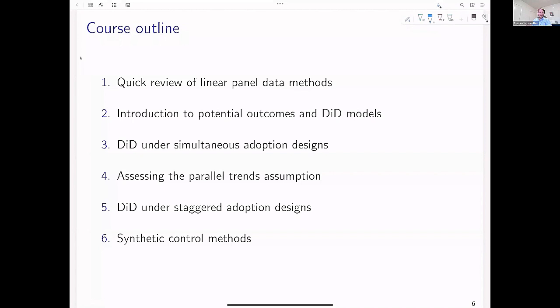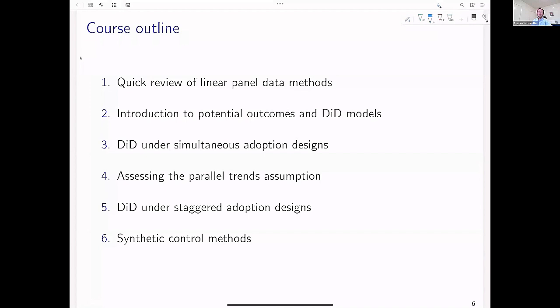This assumption is key for identifying the effect of a treatment or policy. Unfortunately, that assumption is untestable. There's no amount of data that we can have that would let us test this assumption, because it requires information on stuff that we will never be able to observe. Again, this may sound a little bit abstract so far, but we're going to look at that in detail.